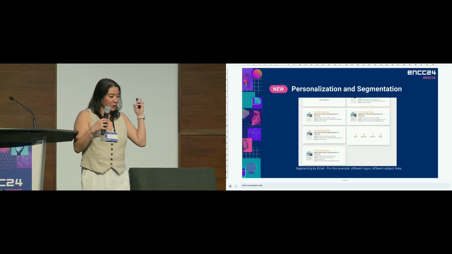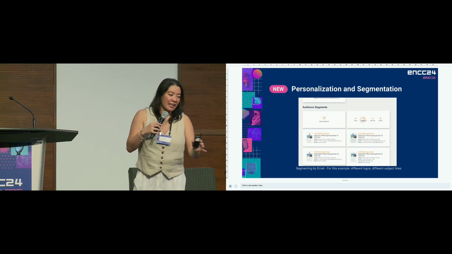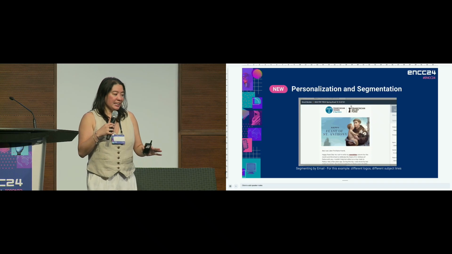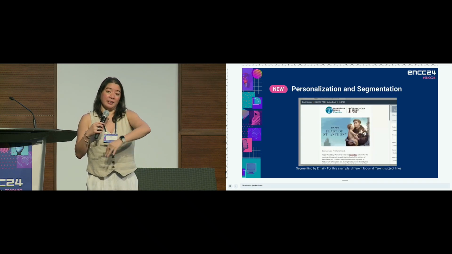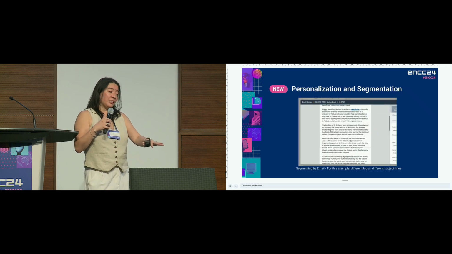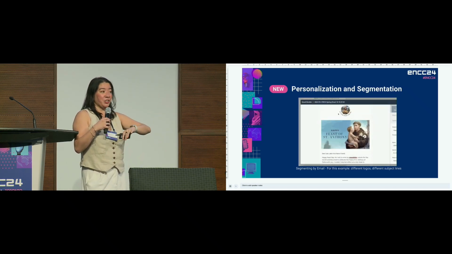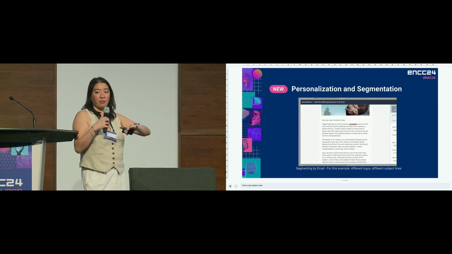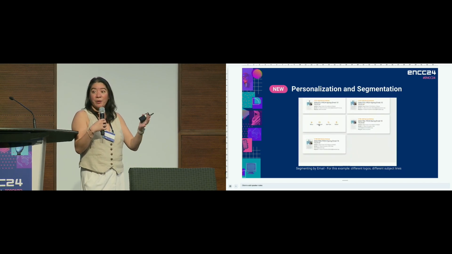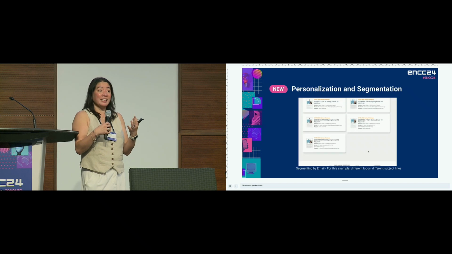Oh wait, let's go back. What I really like about this too is one of my clients, St. Anthony's Guild, has different provinces as a religious charity. And so we're actually not just changing the logo, we're also having different senders. How many of you have run into an issue where we want to use different senders based on who the audience is, right?